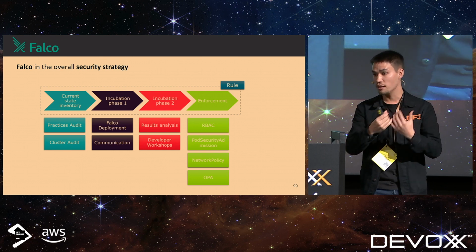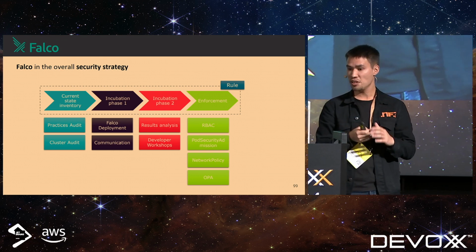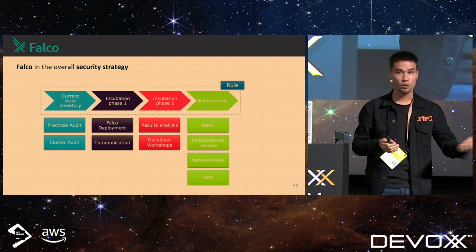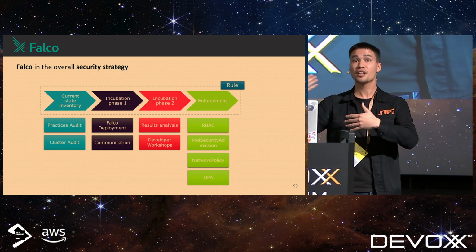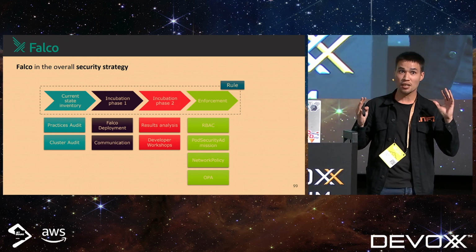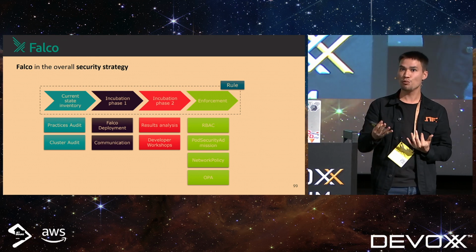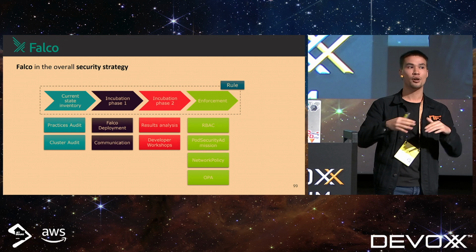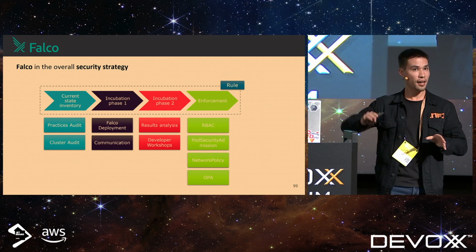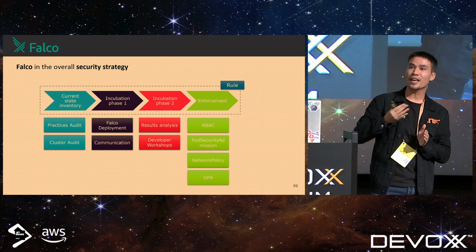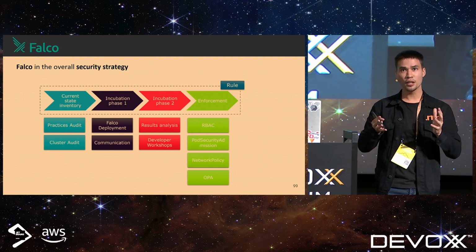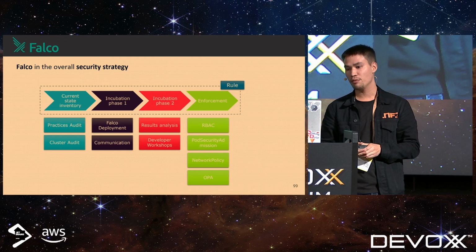We can create an RBAC rule, a pod security admission. Maybe we will introduce a new network policy to make sure that these alerts will not happen again. This way we can constantly improve the protection we have around our castle. So Falco can also be used to collect information and increase the level of defense we have in the cluster.